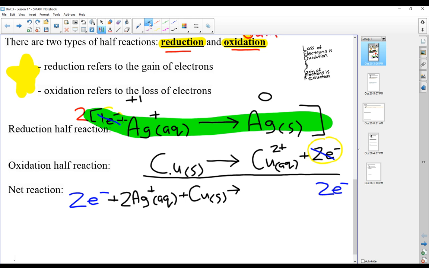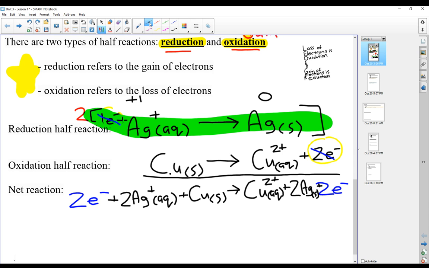And our products are Cu2 plus. What's the state of that? Just above us here, it is aqueous, plus Ag solid. So we will have 2 Ag solid. Put my plus.